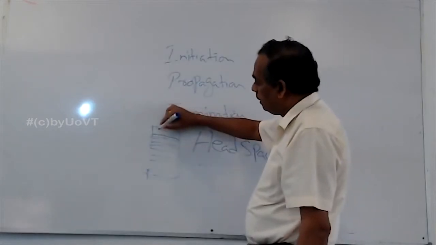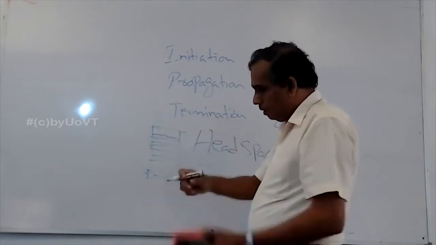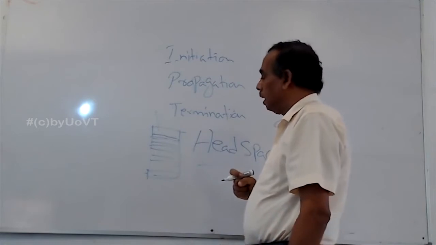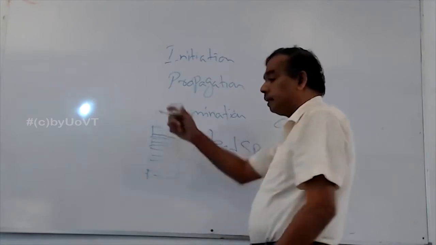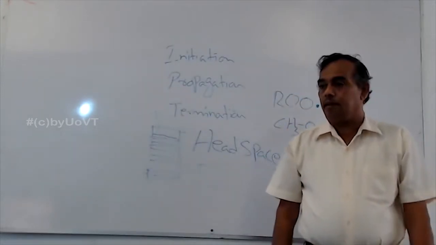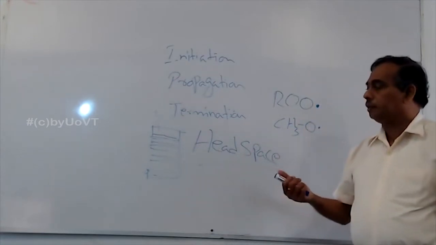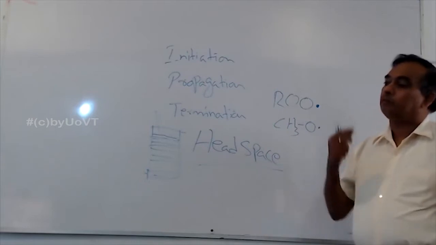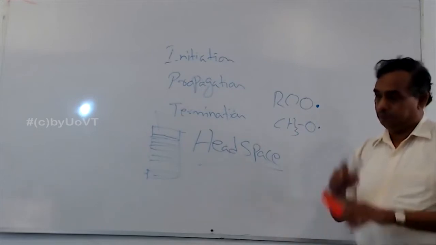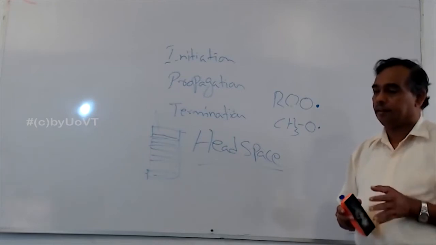Then you can insert the needle of the syringe into the empty area, take the gas sample out from this packet, and inject it into the GCMS column. Then the sample is there. This is the headspace sample. Now you can analyze it based on suitable solvent systems. That is the analytical technique.